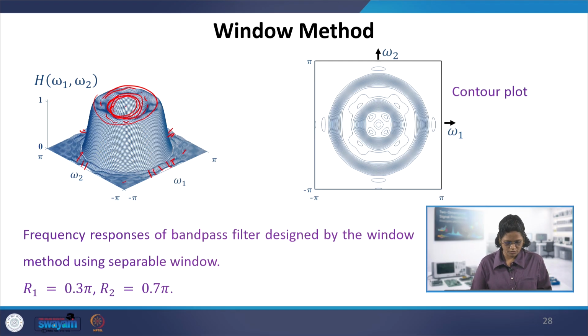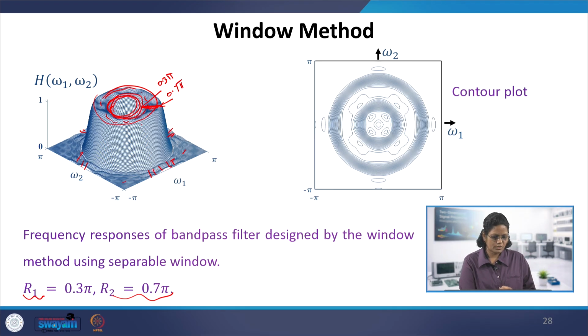So band pass filter with omega C1 as 0.3 pi and omega C2 as 0.75. So this width here is 0.3 pi, and this is here 0.7 pi. So between that it would pass the frequencies, and the rest of them below 0.3 pi and above 0.7 pi are attenuated or removed from the input sequences.